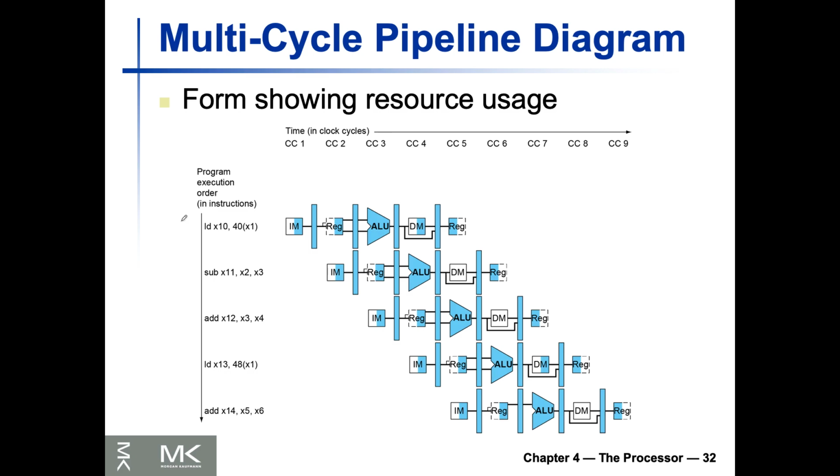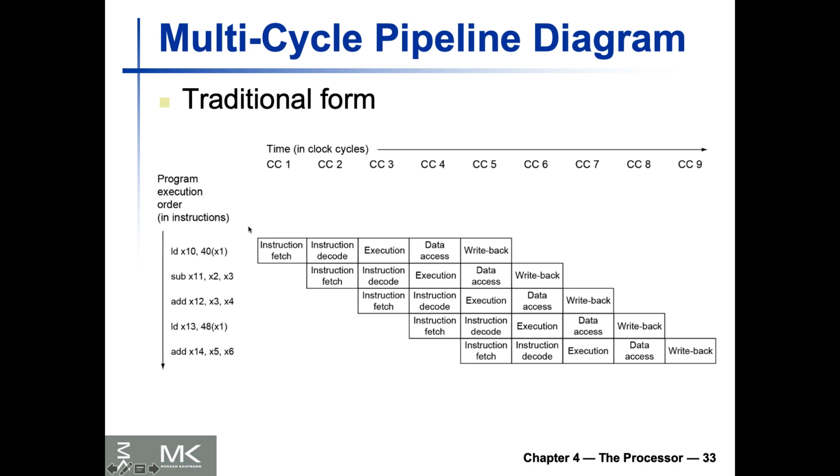But in order to make it easier, and also in the exam, we're going to showcase it this way. Even without all this information, we can just write IF, ID, X, MEM, and WB. I'll make sure I post some examples next week.